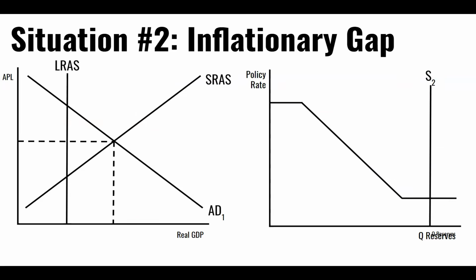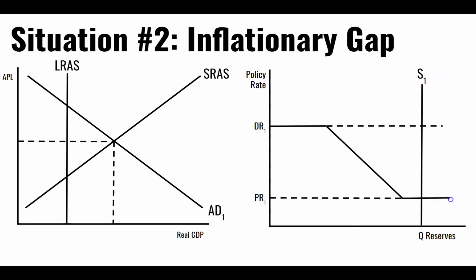If there was an inflationary gap, we'd see the opposite. With an inflationary gap, the Federal Reserve would like to see aggregate demand shrink or shift to the left. The way to do that would be to raise interest rates. So in this situation of an inflationary gap, the Federal Reserve can announce a change to the administered rates.